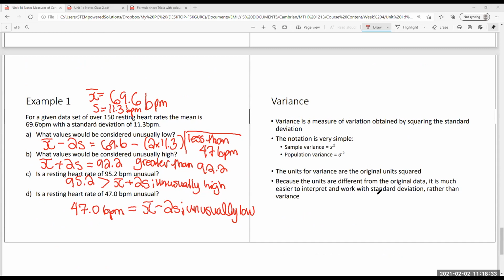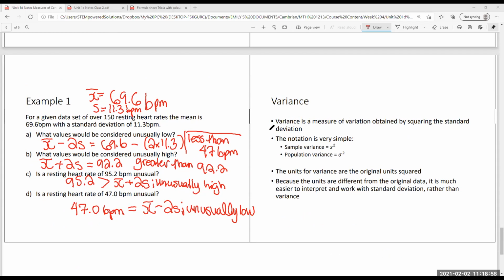All right. So variance. Variance is a measure of variation obtained by squaring the standard deviation. The notation is very simple. Variance is equal to S squared, or population variance is equal to sigma squared. The units for a variance are the original units squared. Because the units are different from the original data, it is much easier to interpret and work with standard deviation rather than variance.